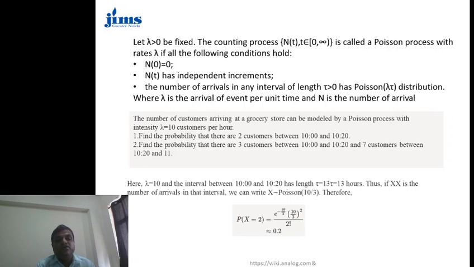Here lambda equal to 10, and the interval from 10 to 10:20 has length tau equal to 1/3 hour. So if X is the number of arrivals in that interval, X is Poisson, with parameter lambda tau equal to 10 times 1/3. Similarly, we can calculate for the second case.